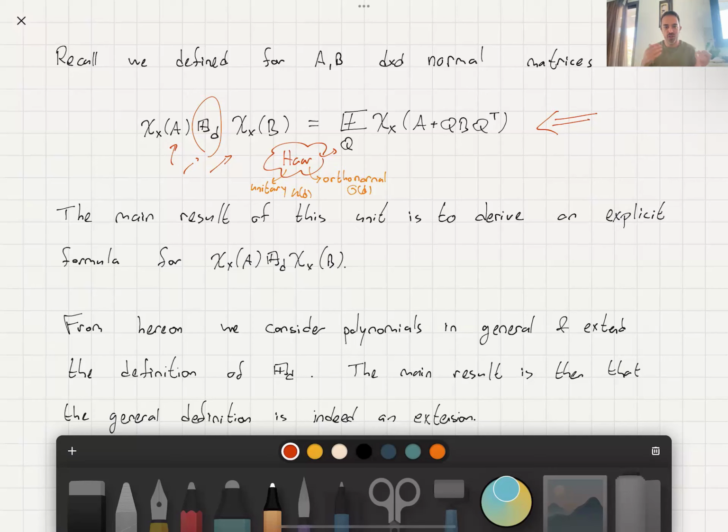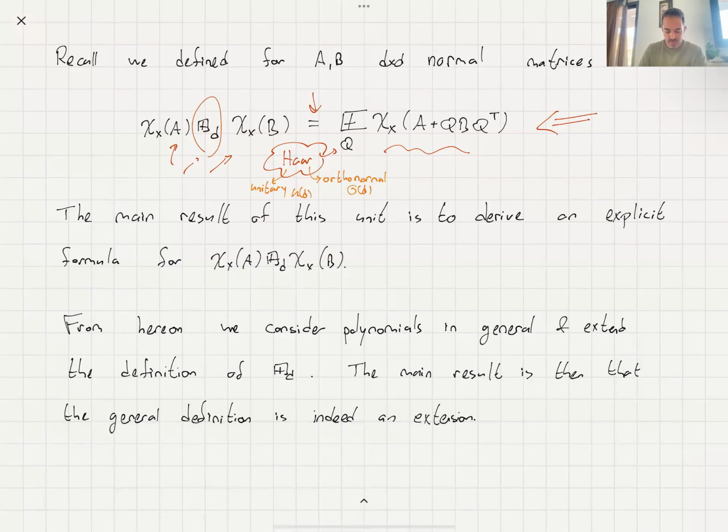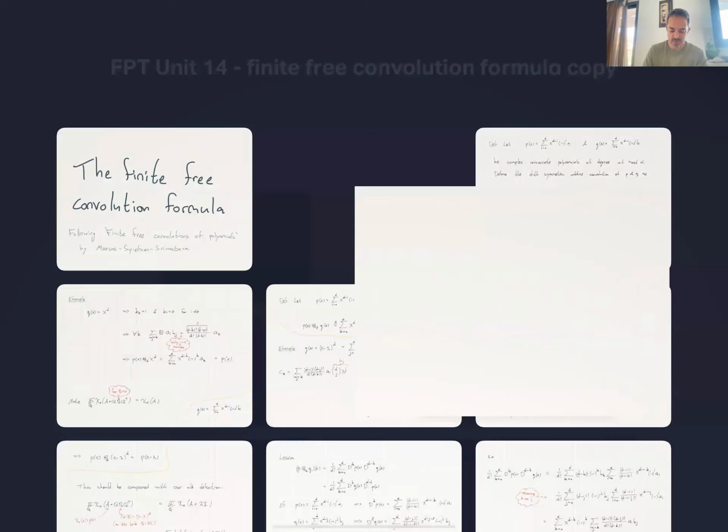Right, so we're generalizing the definition, and we're going to suggest a new definition and prove that this definition, which is more general because it works for general polynomials, when restricted to characteristic polynomials of normal matrices, is equal to how we defined initially the additive finite free convolution.